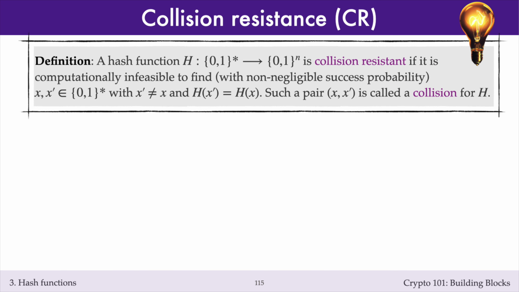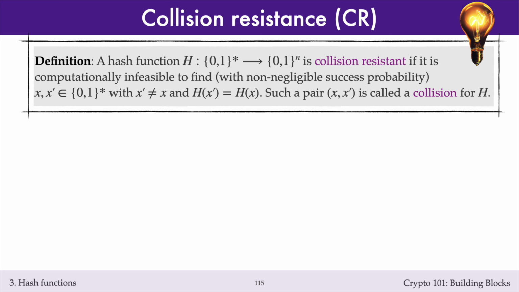The third security requirement for hash functions is collision resistance, or CR. CR is a property that it is computationally infeasible to find, with non-negligible success probability, two distinct messages X and X' that have the same hash value.